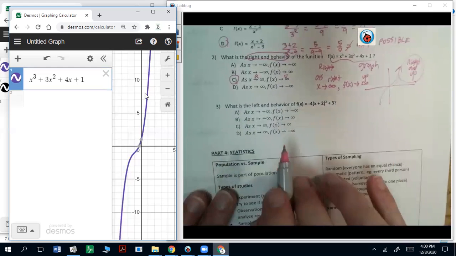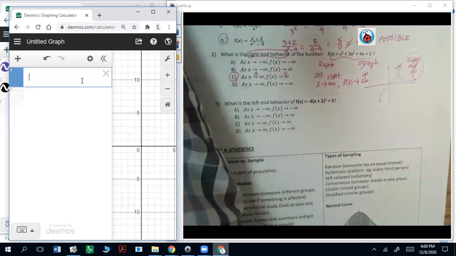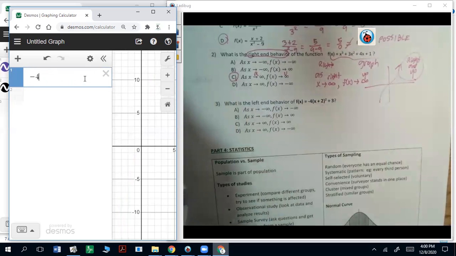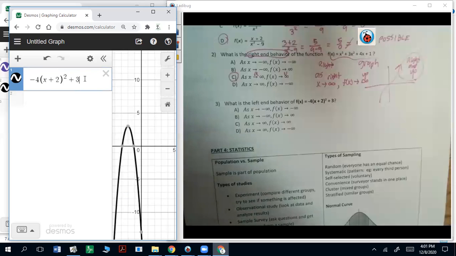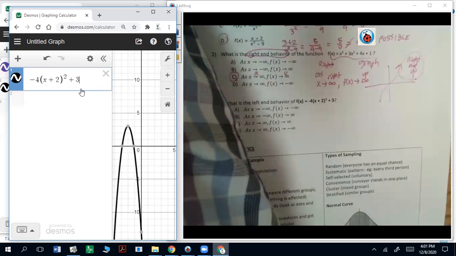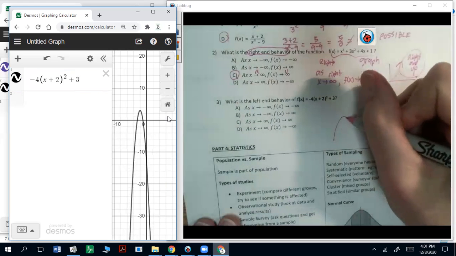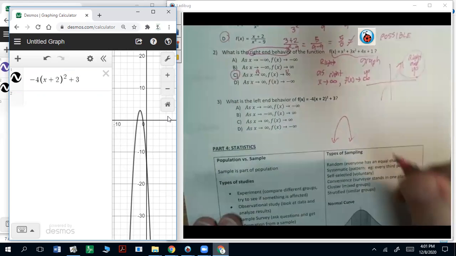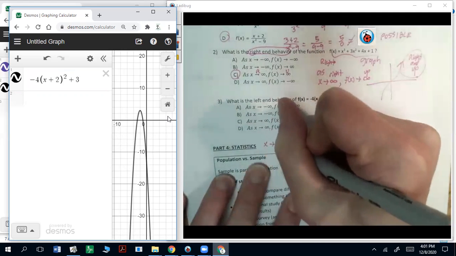All right, number 3, what's the left end behavior? This graph here goes down on both sides. So the left end behavior is going to be as x goes to negative infinity.